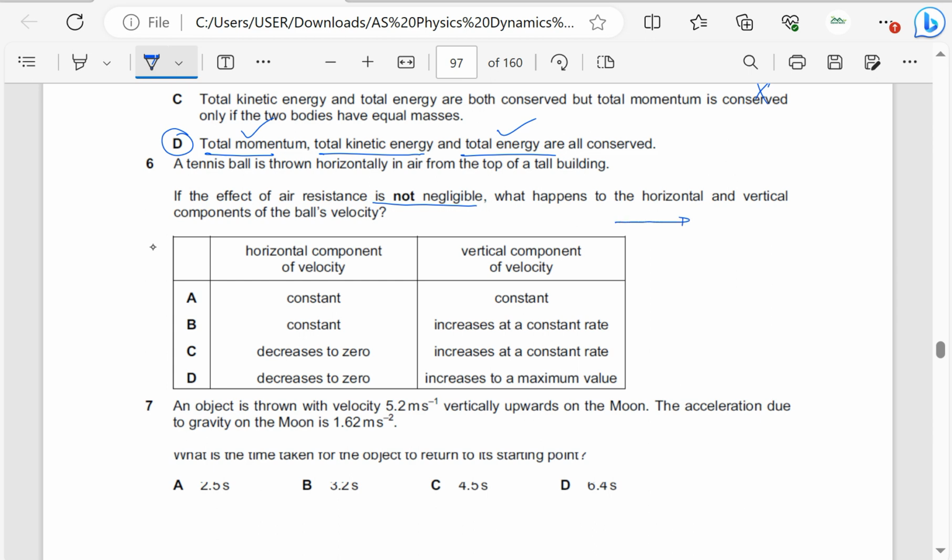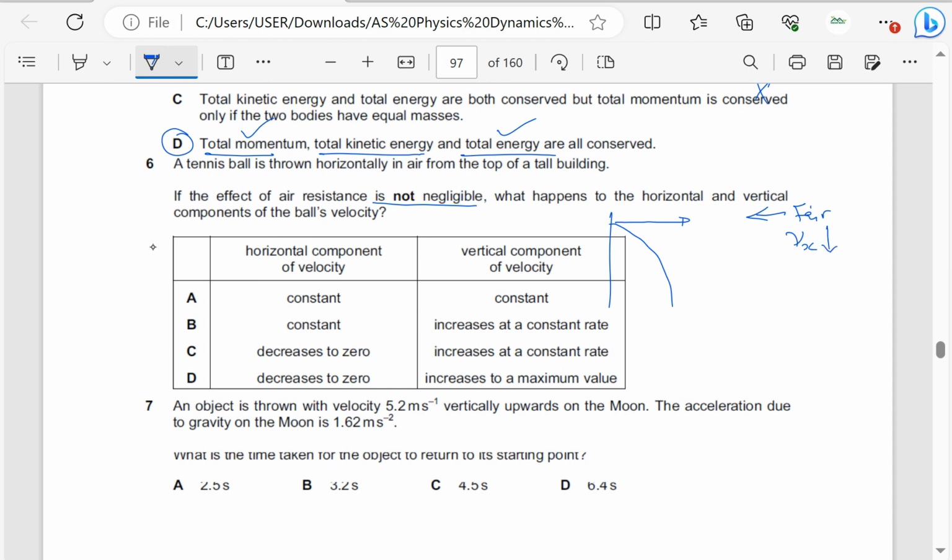Since it is thrown horizontally, of course, finally it is going to fall like that. So there must be air resistance, which acts in the horizontal. So this is the force due to air resistance. It means the velocity in the horizontal must decrease because of air resistance.